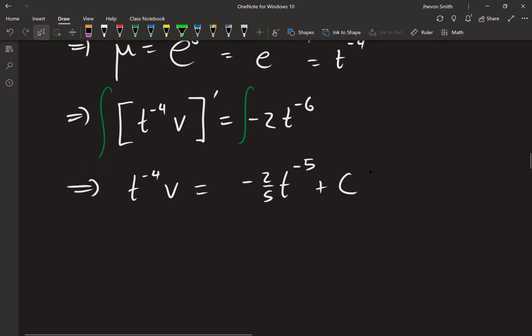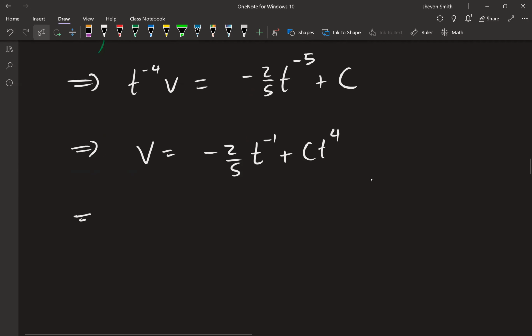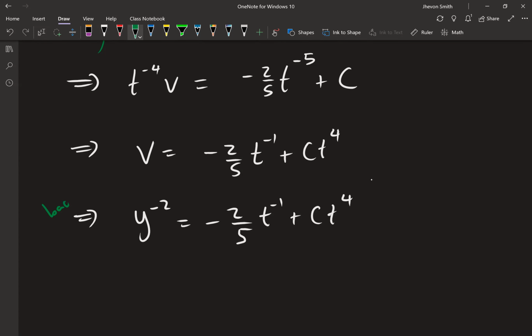Now I multiply both sides by t to the 4th. That allows me to solve for v. And then I replace my v with y to the minus 2 because that's what it is. So what we're doing here is back substitute. And so now my y is just going to be plus or minus the square root of this guy.